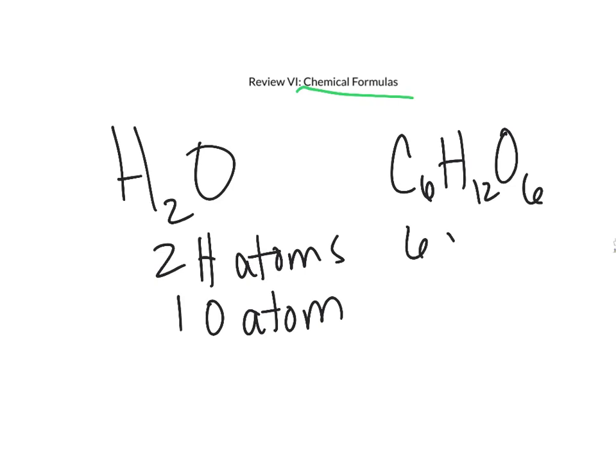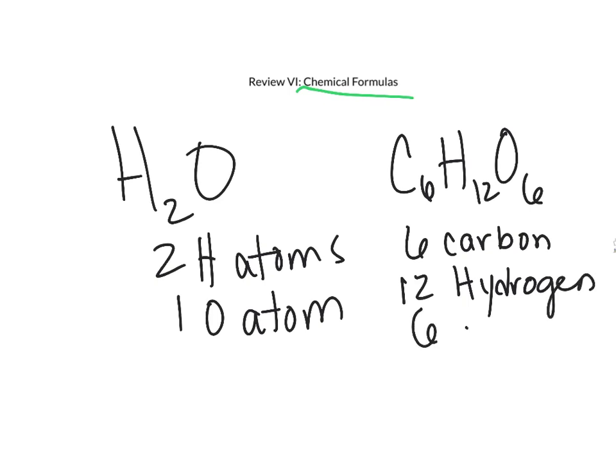So you have 6 carbons, 12 hydrogens, and 6 oxygens, okay? If you don't see a subscript, that's what we call those numbers right here that I'm underlining, then you can just assume that it is 1.